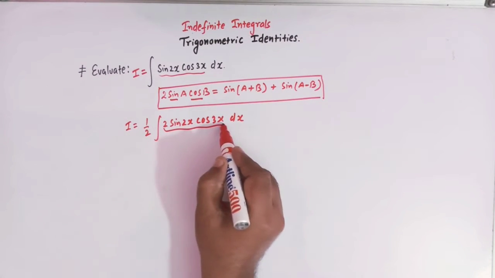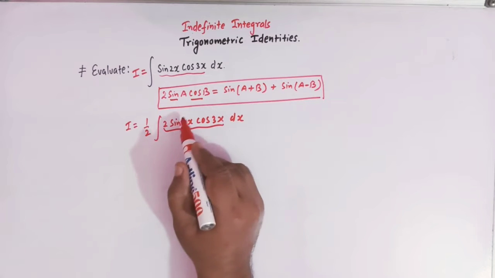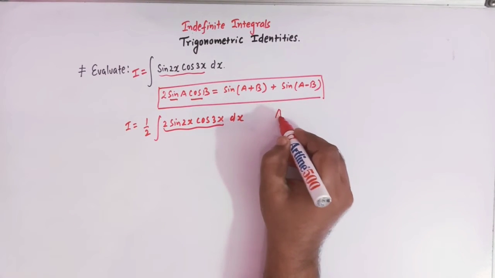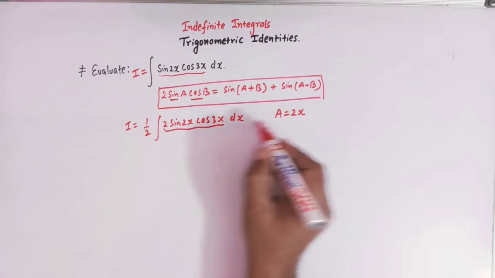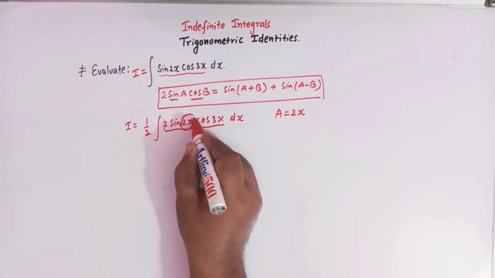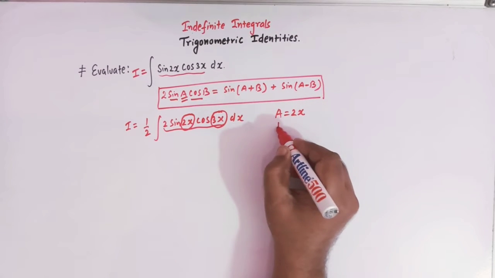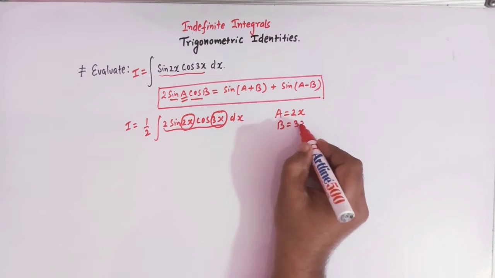If we compare this expression with the identity, we can easily see that a is equal to 2x and b is equal to 3x.